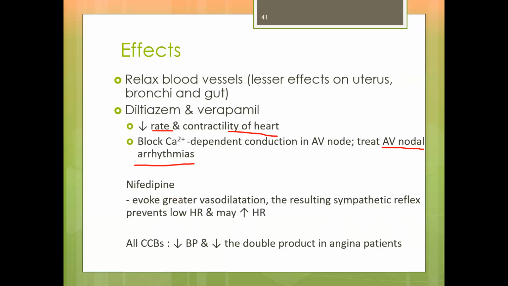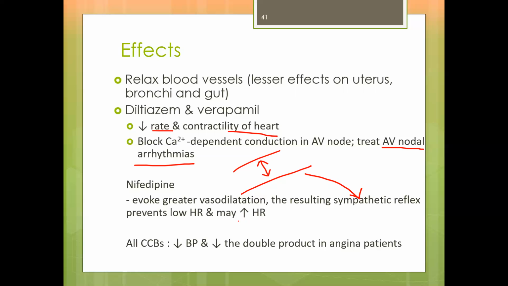Nifedipine evokes a greater vasodilatation, so it causes a greater vasodilatation. And this will lead to a sympathetic reflex that prevents the lowering of heart rate, and may, instead of lowering heart rate, increase the heart rate.